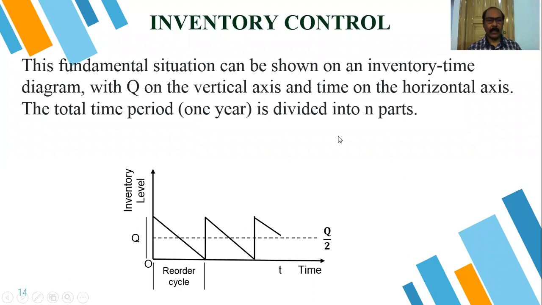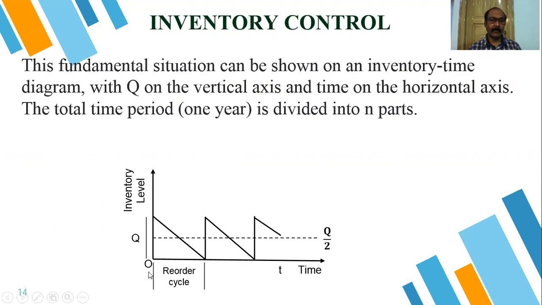Now let me try to explain things with the help of the diagram. This fundamental situation can be shown on an inventory time diagram with Q on the vertical axis, and this is our time axis, parallel to the horizon.